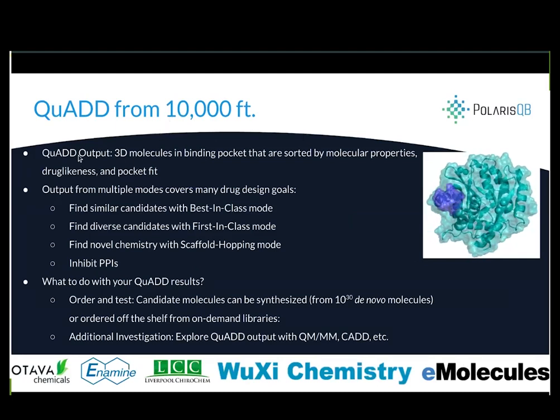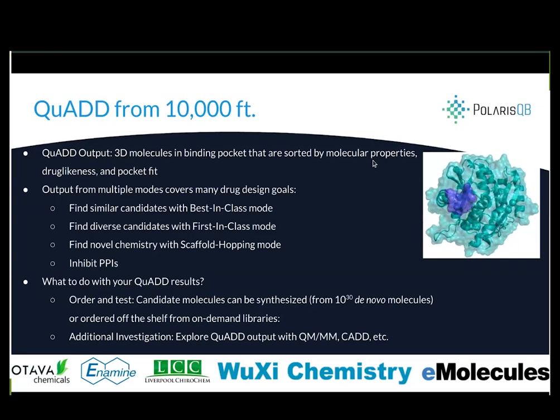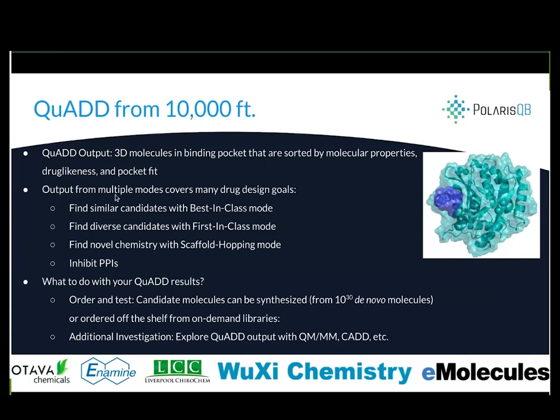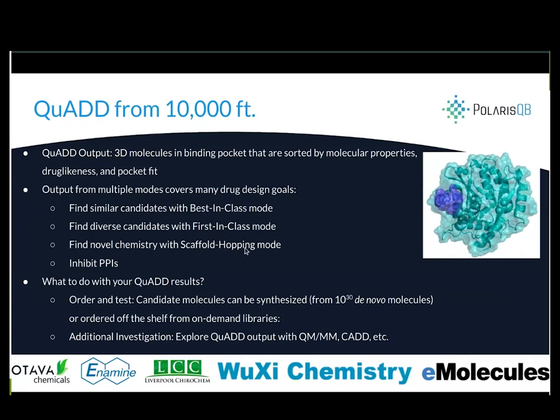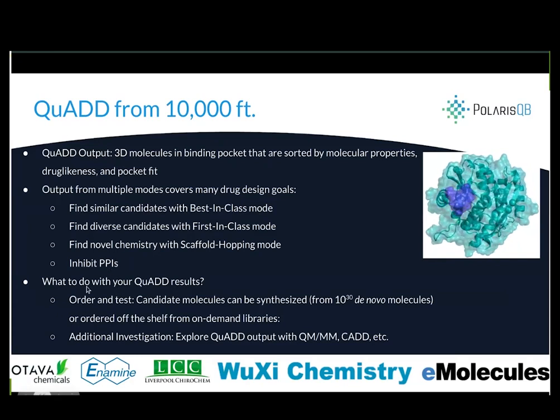So this is what Quad looks like from 1,000 feet. The output is a library of 3D molecules in the binding pocket that are sorted by molecular properties, drug likeness, and pocket fit. The output from multiple different modes covers many design goals, such as best in class and first in class. We also have a scaffold hopping mode, and we can inhibit protein-protein interactions. What do you want to do with your Quad results?